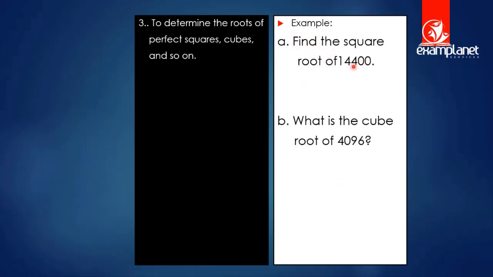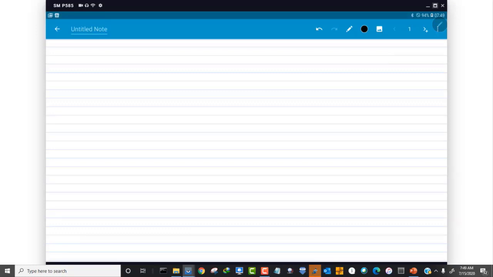First one says the square root of 14,400. What is the square root of 14,400? To find it, all we need to do is express the number in prime factorization, and you can recollect how we did it the other time.